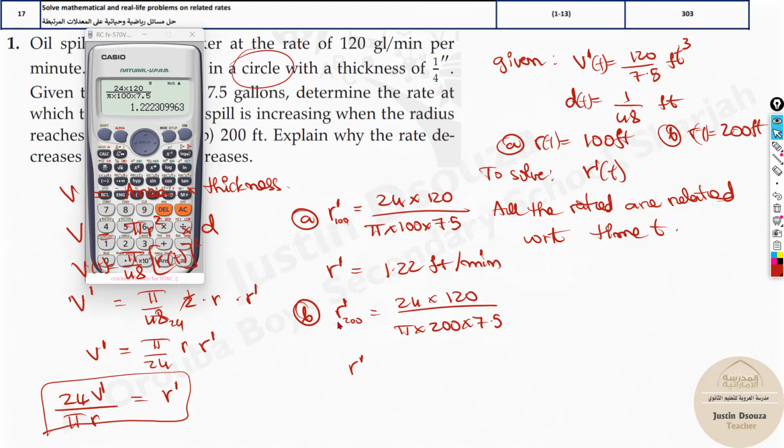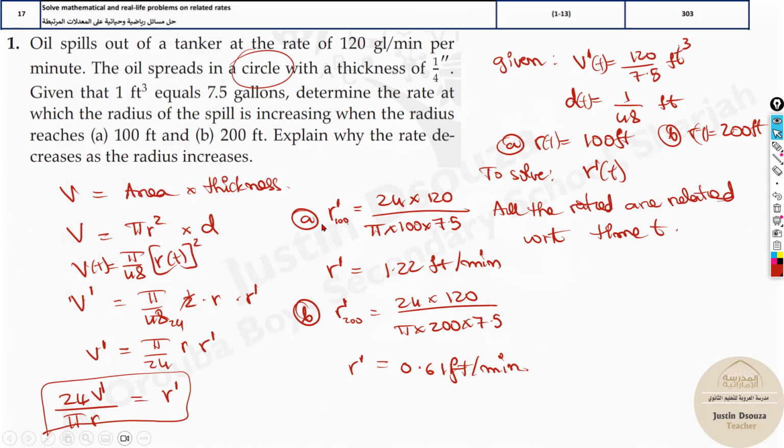Now what about the next one? For 200 radius, just change this to 200 and you can see there is a decrease. We saw initially that as the radius increases, the rate reduces. And yes, we can see the rate is reducing, and that is 0.61 feet per minute. This is how you can easily solve this problem.